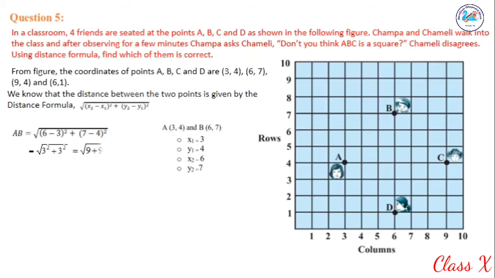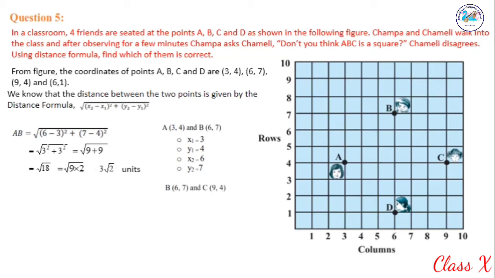So root of 3 square plus 3 square, that is root of 9 plus 9, equal to root of 18. We can split 18 into 9 times 2, and 9 is a perfect square, so 3 comes out and root 2 remains. So 3 root 2 units is the length of AB.